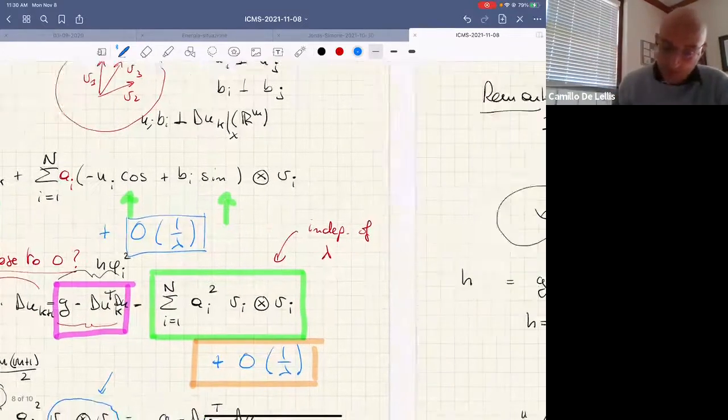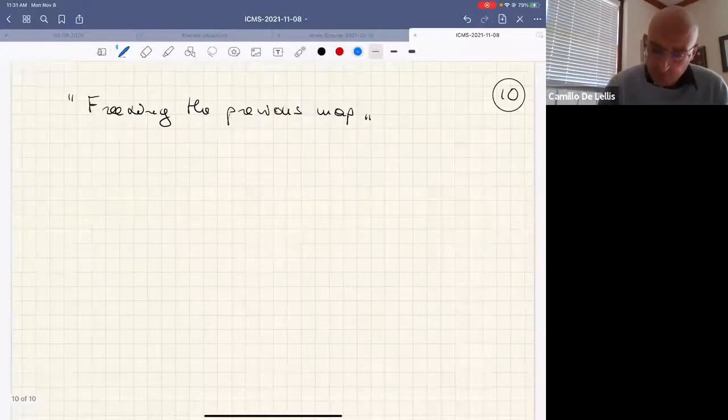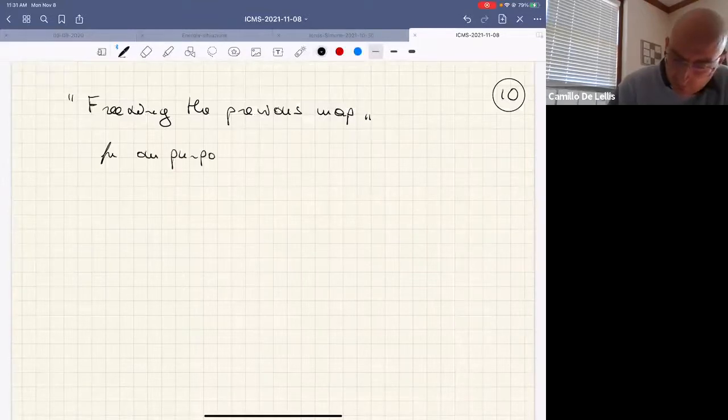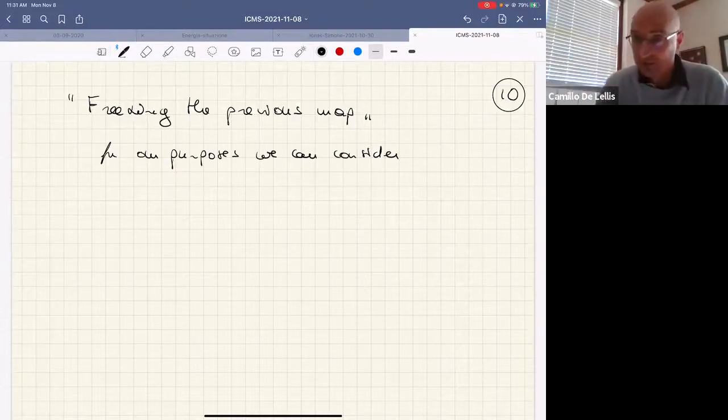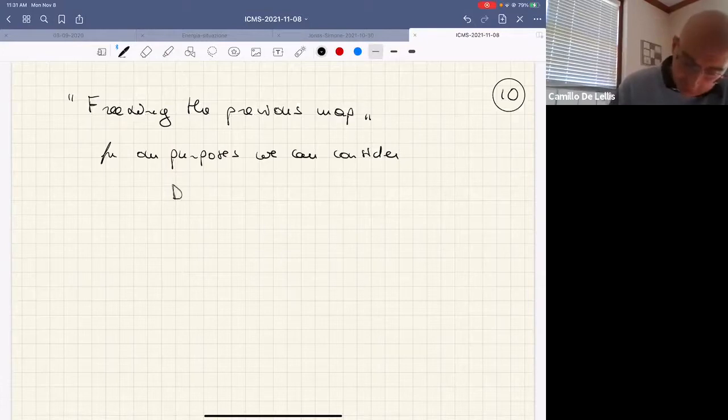Okay, so this means that for our purposes we can consider that the previous function, the previous iterate, has a constant derivative. So the DUK is a constant.